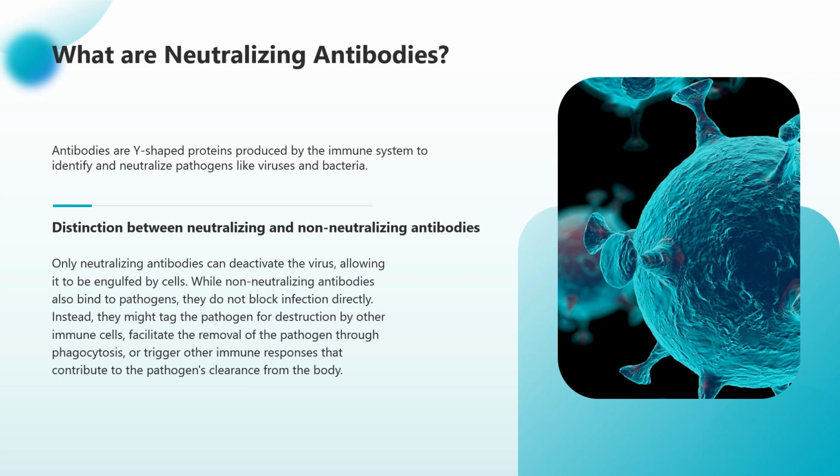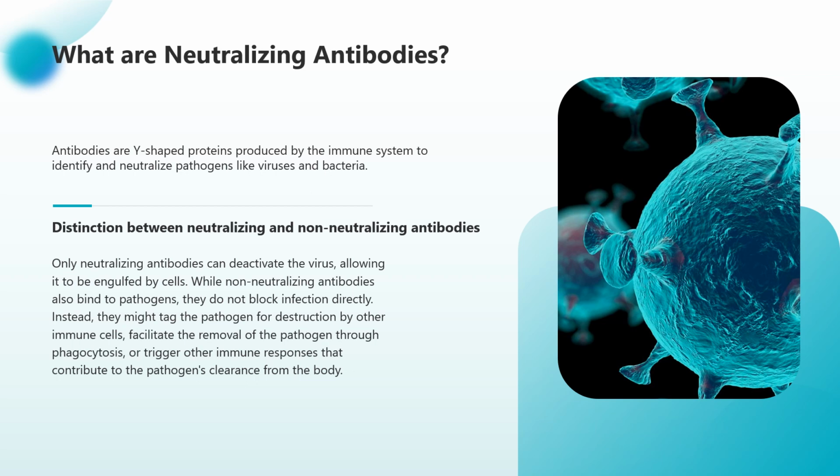After a viral infection, the body produces antibodies, including both neutralizing and non-neutralizing antibodies. Only neutralizing antibodies can deactivate the virus, allowing it to be engulfed by cells. While non-neutralizing antibodies also bind to pathogens, they do not block infection directly.